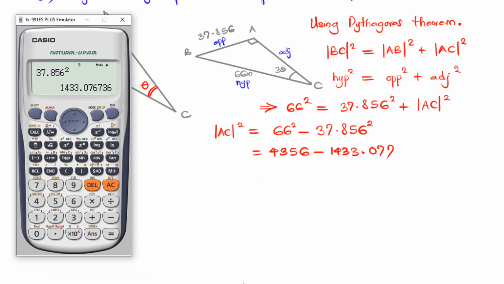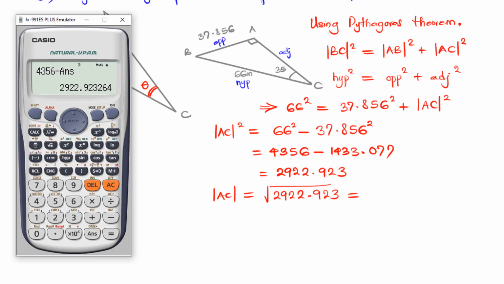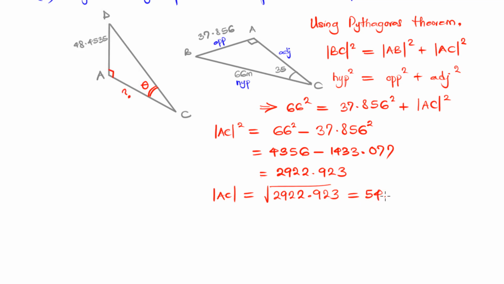If you subtract that from 4356, our answer is 2922.923. So AC will be the square root of 2922.923. If we find the square root of our answer, that's 54.064 meters. Okay, that's the line AC.